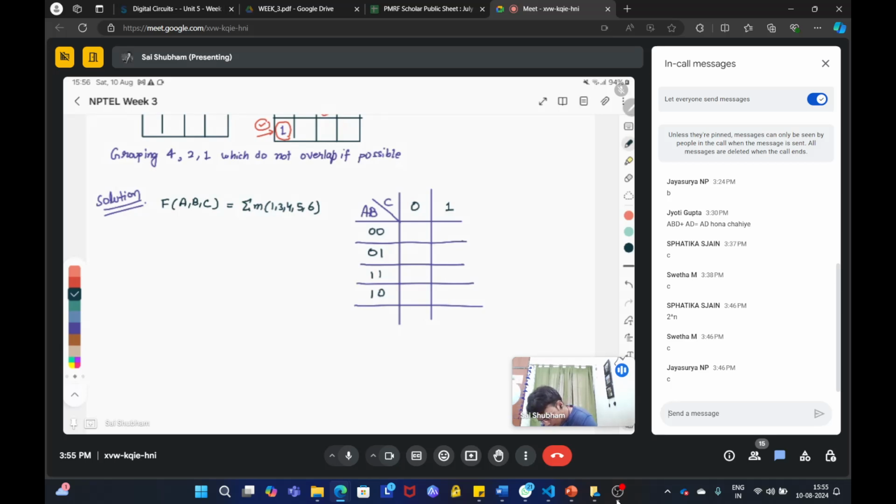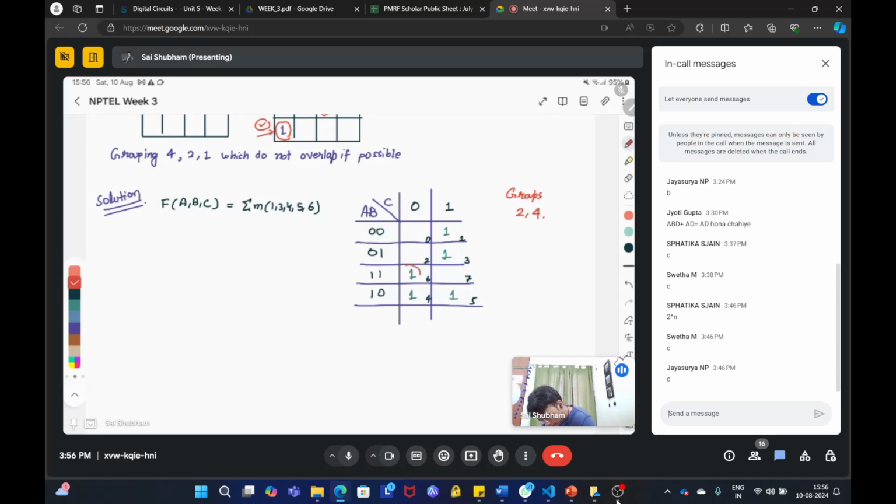So this cell, the value is 0. This is 1. This is 2. This is 3. This is 4, 5, 6, and 7. So we have values at 1, 3, 4, 5, and 6. So now, if I have to make the pairing, I can make groups of 1, sorry, if it is single, it would not be called groups. So I can make groups of 2 and 4.